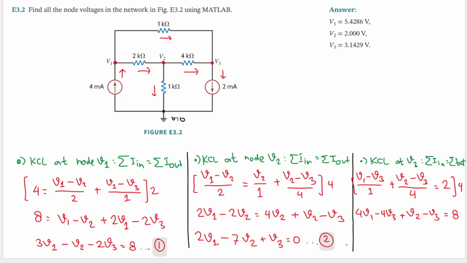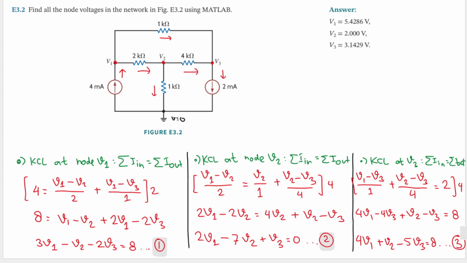Let's simplify things. So we will have 4V1 plus V2 minus 5V3. All of that will equal 8. Let's save this as equation number 3.